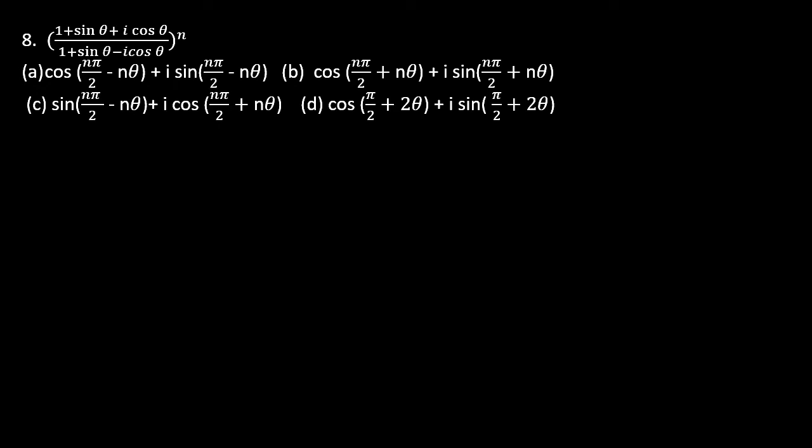We have to find the value of 1 plus sine theta plus i cos theta by 1 plus sine theta minus i cos theta whole to the power n.